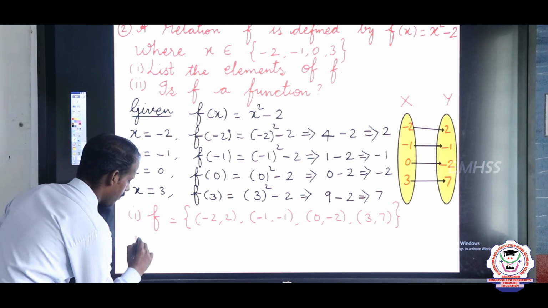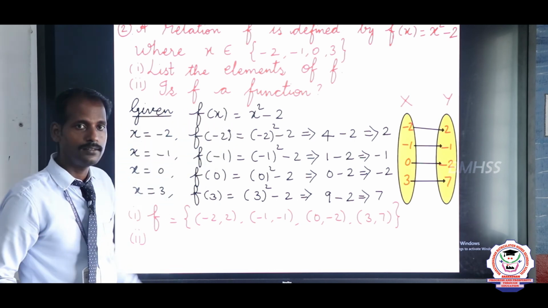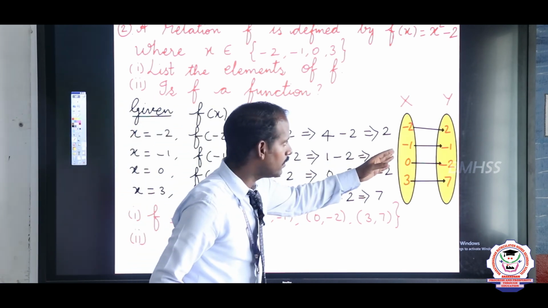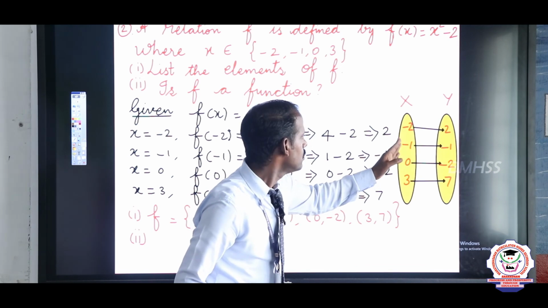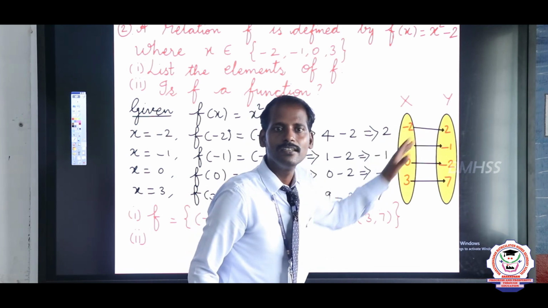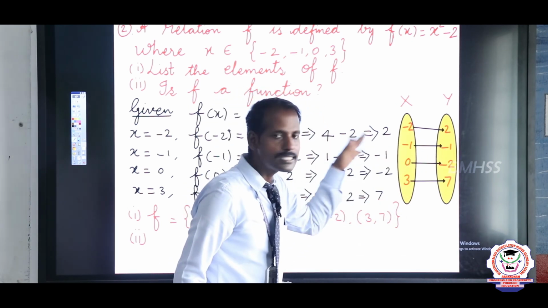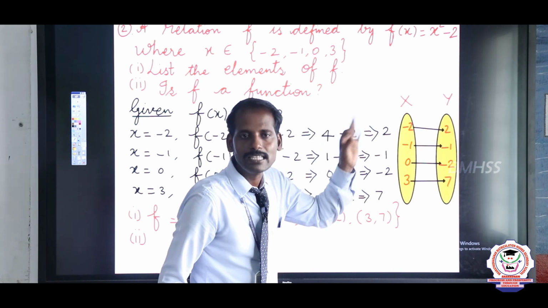The second one, what is the question? Is f a function? Here we see the arrow diagram. Every element has one unique image. So every element has a unique image, therefore it is a function or not? Yes, function.